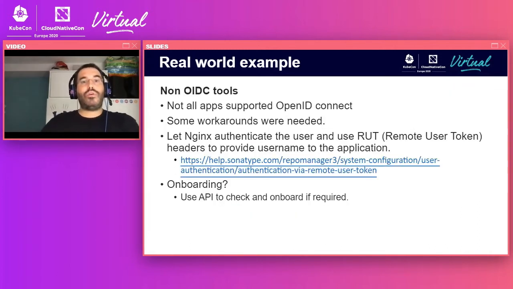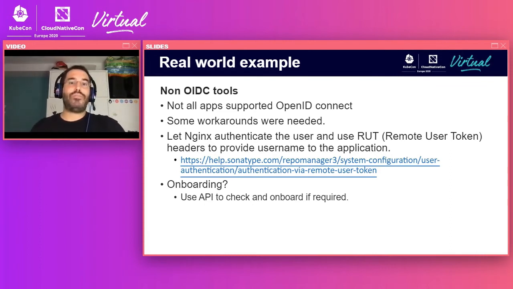And finally, what about the tools that did not support OpenID Connect? Fortunately, just a few. For example, the Sonatype Nexus repository. Well, we had to make some workarounds. Nexus didn't support OIDC, but it has an option for remote user token headers, where the user identity and groups can be provided in the HTTP request headers.